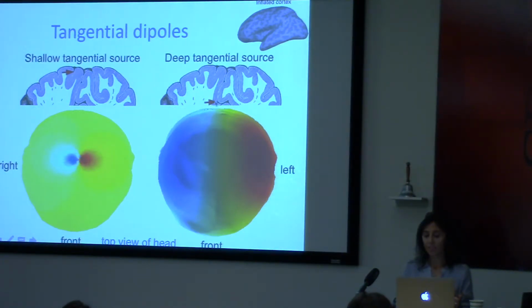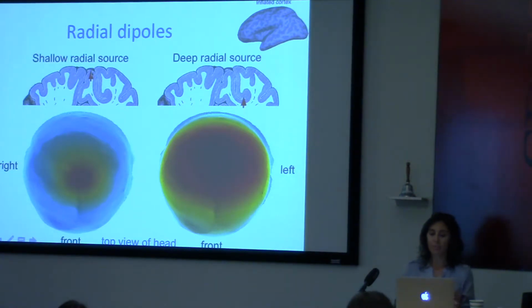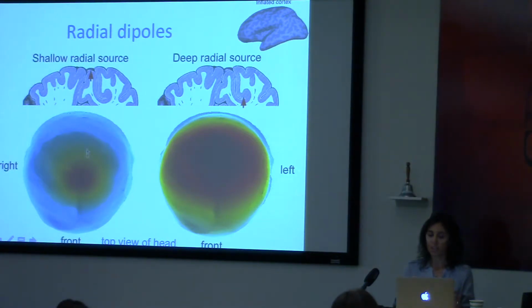If there is activity in a deep sulcus here, this can be represented by a deep tangential source, and this would give us a broader potential map on the scalp. And here are some examples of radial dipoles. For example, we can model this patch of cortex with a radial source, and this would give us a focal potential map on the scalp, and a deep source would give us a more broad distribution of the potential map.